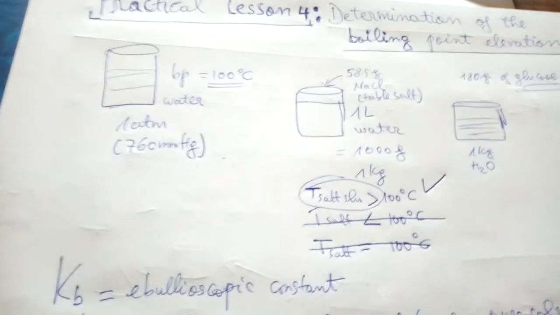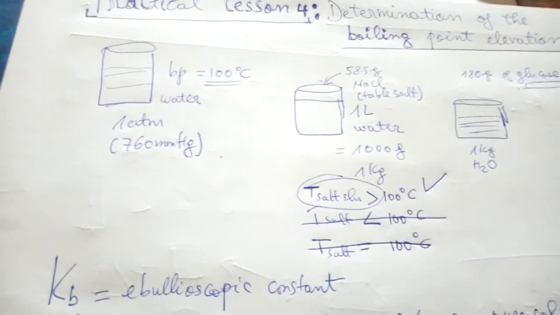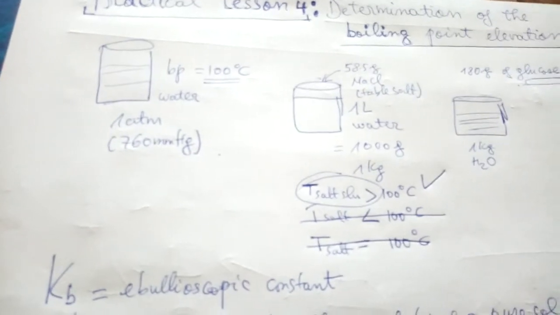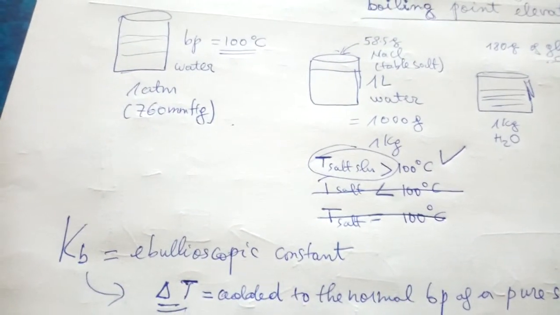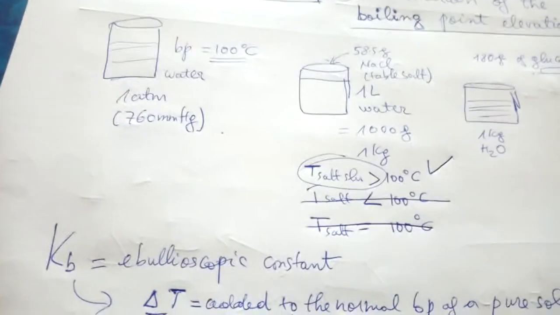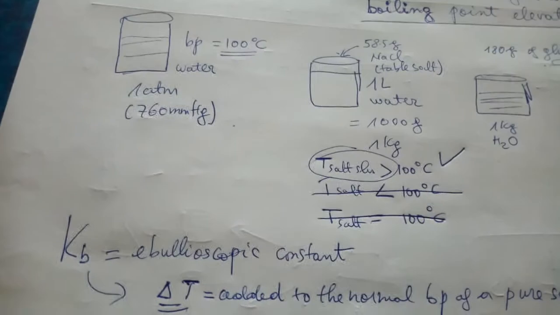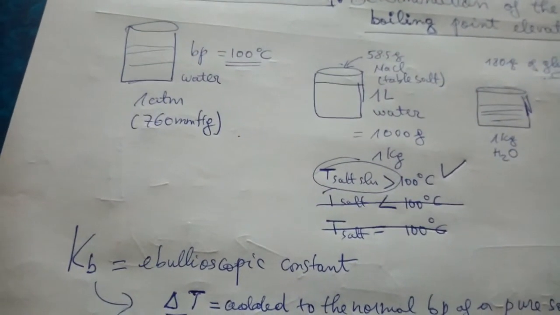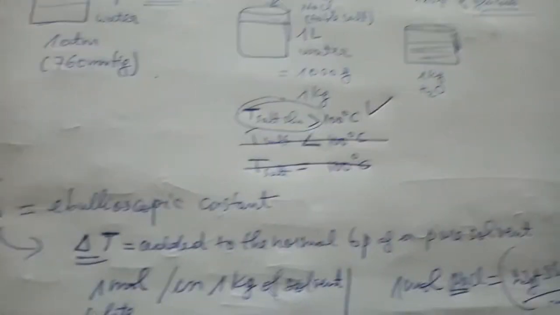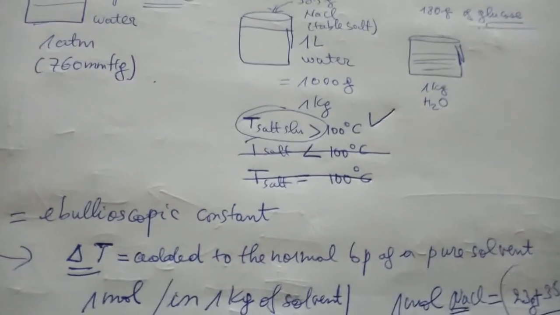1 mole of sodium chloride is equal to 23 plus 35.5: the molar mass of sodium is 23 grams, and the molar mass of chlorine is 35.5 grams per mole. It means that for the table salt, 1 mole is equal to 58.5 g mol^-1.